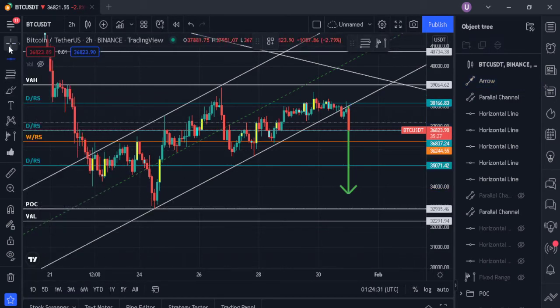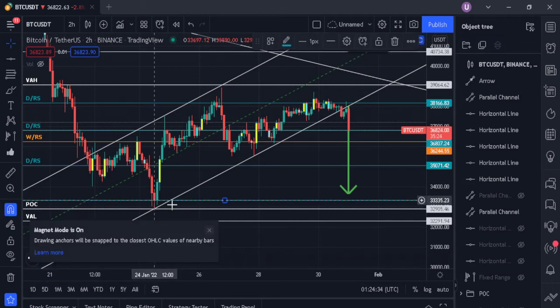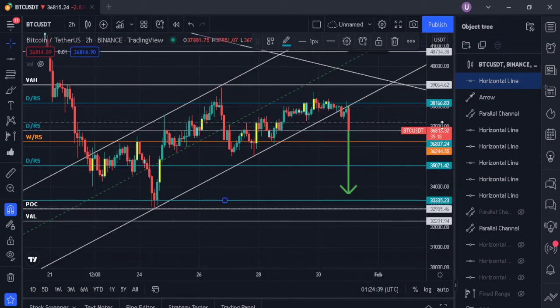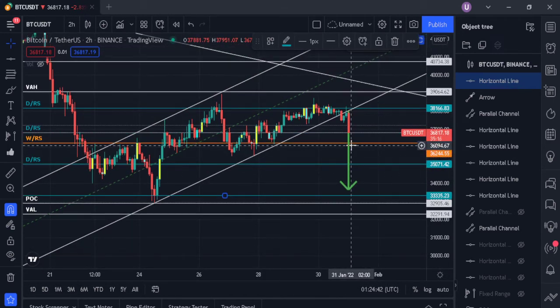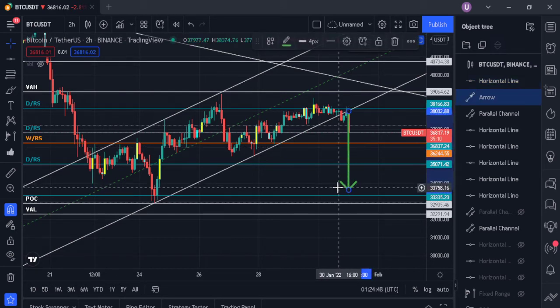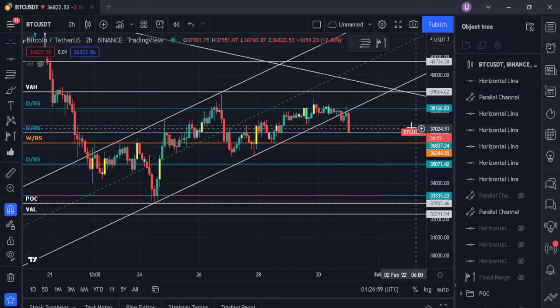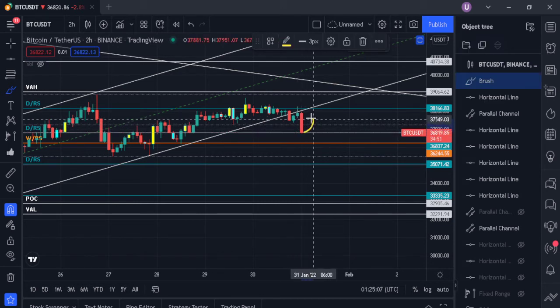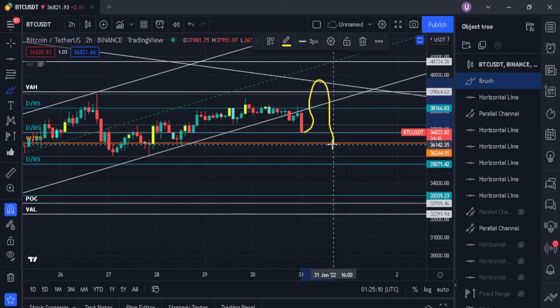We have a support as well right here, which is very important for Bitcoin. Let's see, 33,700 probably. Anyways, never mind. We can long this area to the upside and down to the downside.